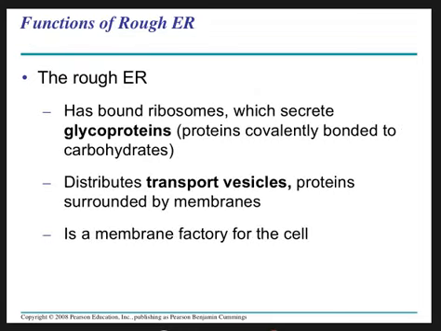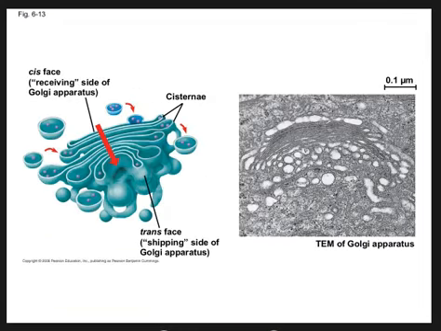Oops, sorry about that, wrong direction. There's your image. It has a cis side and a trans side. The cis side is the receiving side. It's where vesicles are going to come in. They're going to fuse with this membrane.